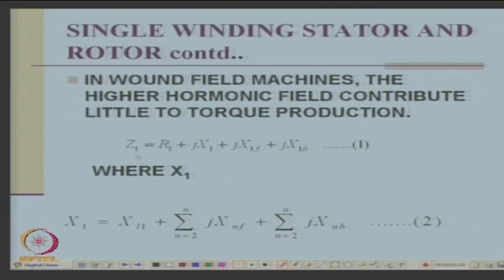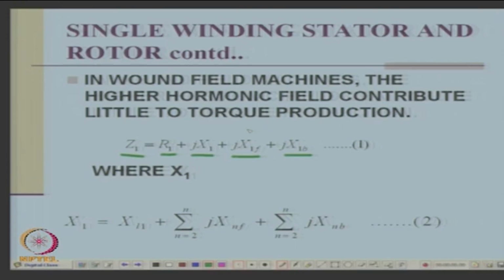So, with this we can write the primary impedance or the stator impedance Z1 as its resistance R1 and this reactance X1, which includes all the harmonic fluxes, and one forward self reactance and backward self reactance. Is it clear at this stage?